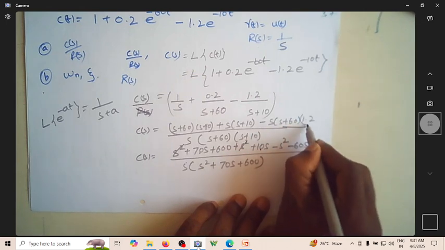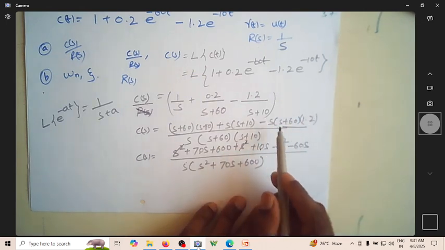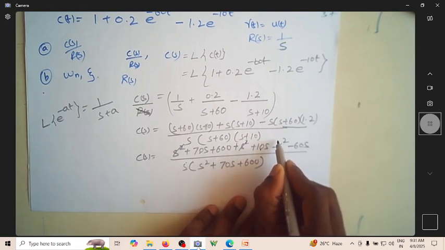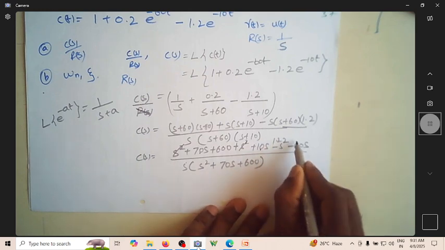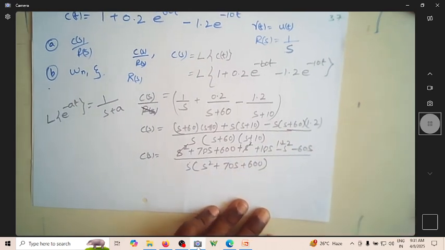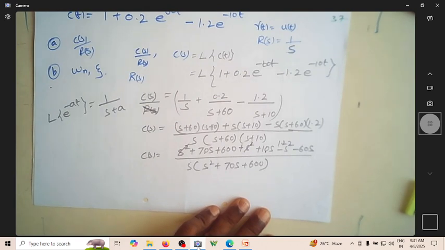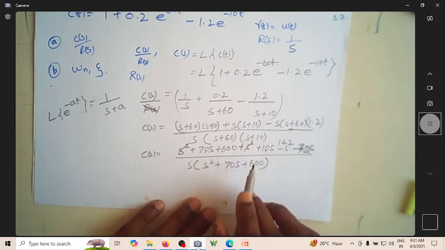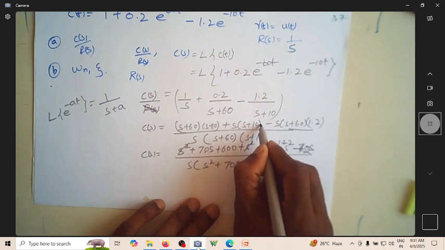How much is 1.2 times 60? It is 72. This is actually 0.2.